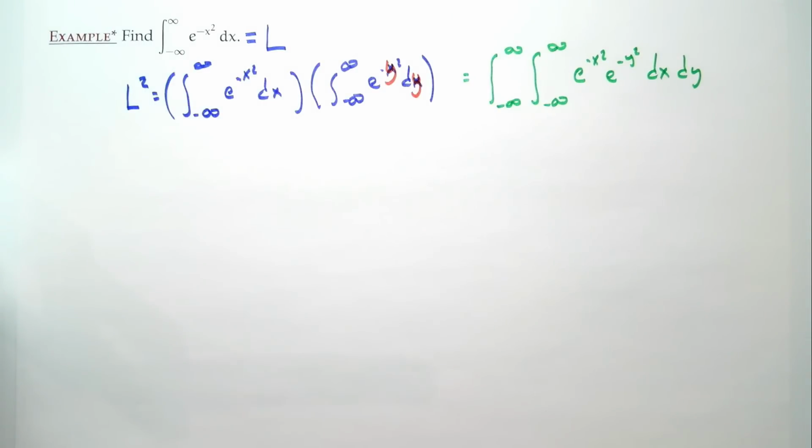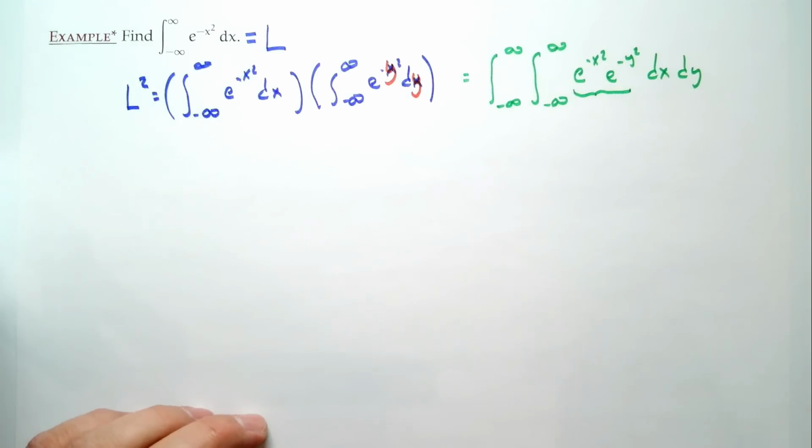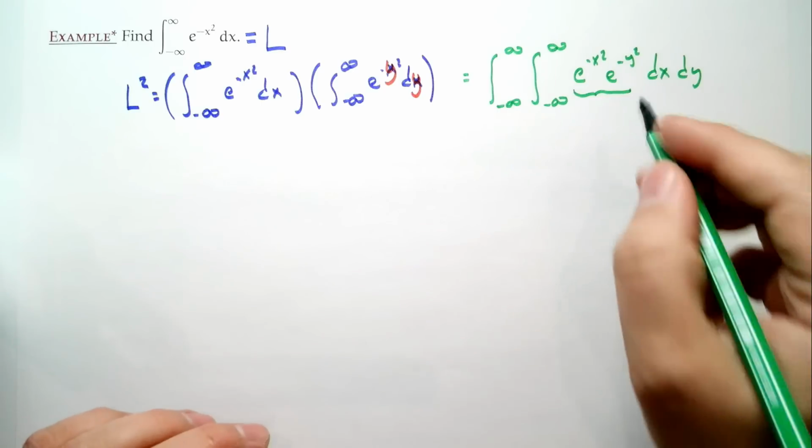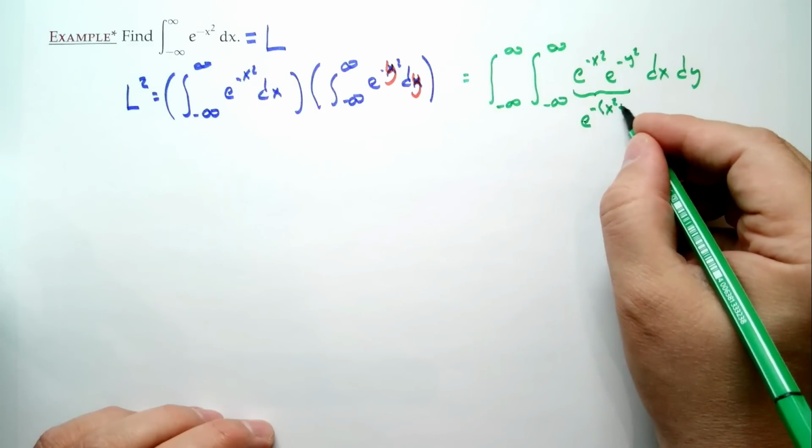So now we're like, aha, multivariable integrals. That's why we're talking about it. But still, how do we make progress? One thing you might notice is that we can rewrite e to the negative x squared times e to the negative y squared. That becomes e to the negative of x squared plus y squared.